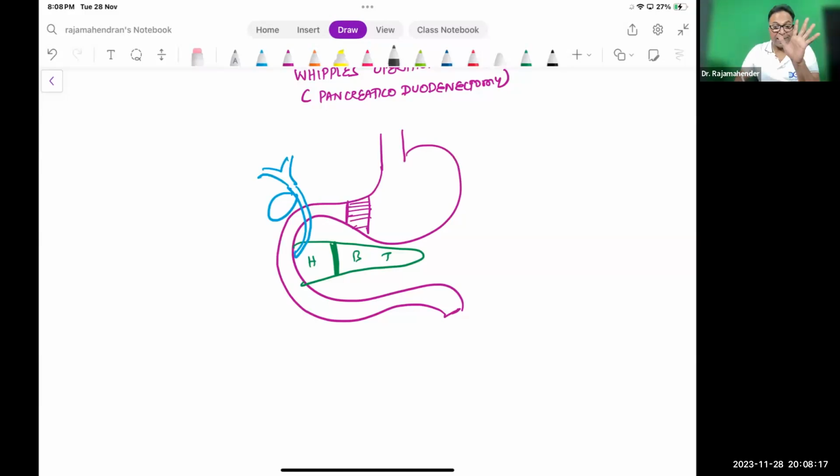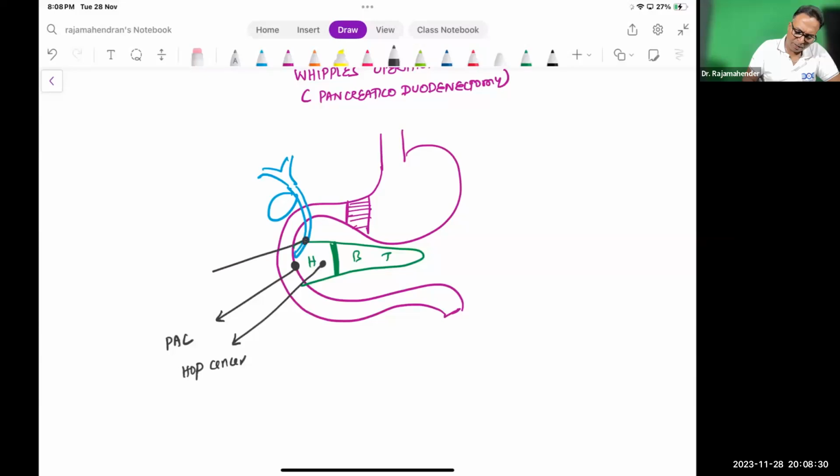Now, for 5 cancers, I will do this operation. They are periampullary cancer, number 1. Number 2, head of pancreas cancer. Number 3, distal bile duct cancer.